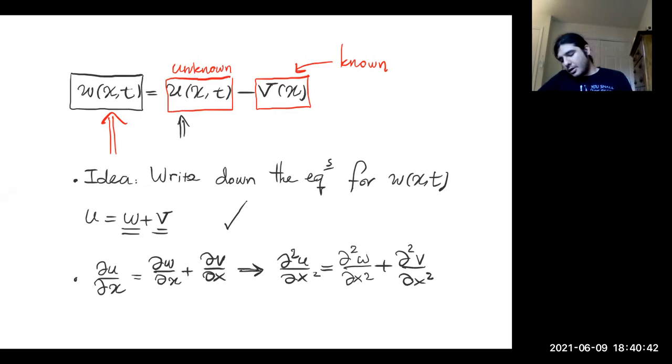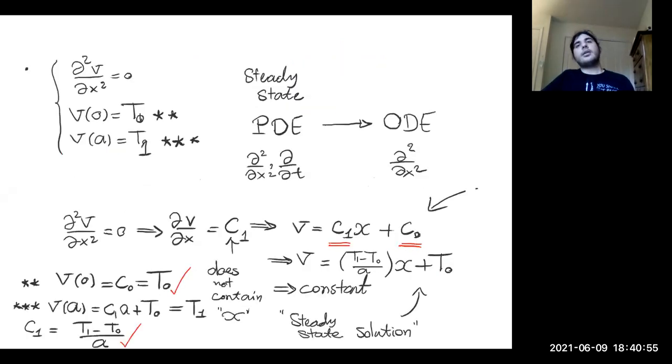Now we kind of know what this term is, the second derivative of v with respect to x. Let's go back and look at our steady state equations. These are our equations, right? Remember, the second derivative of v with respect to x is equal to 0, right? When we took limits, the derivative of u with respect to t goes to 0.